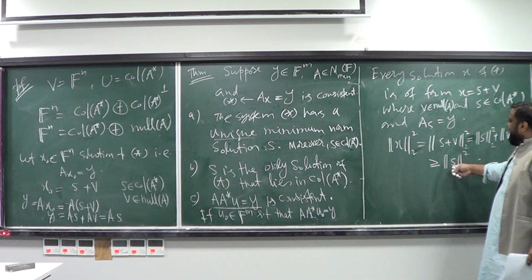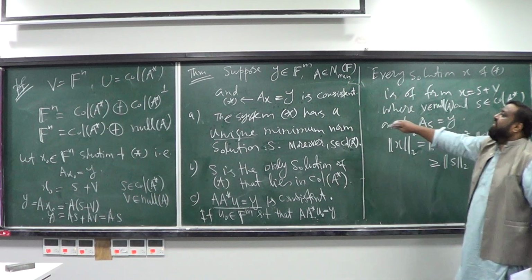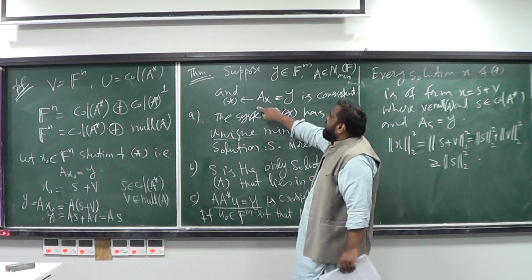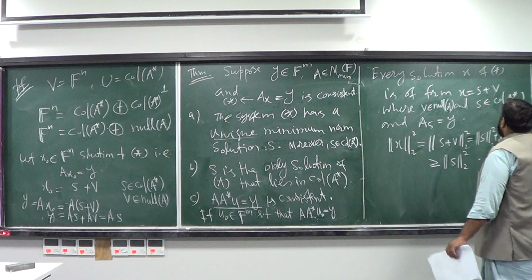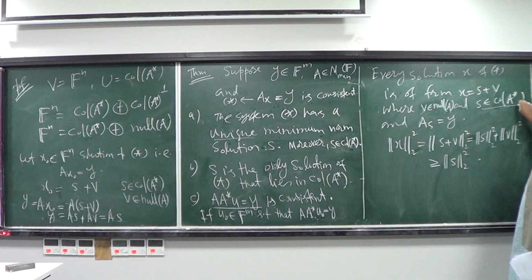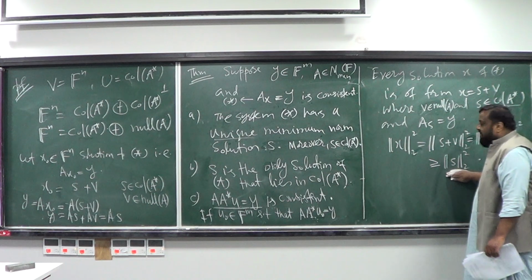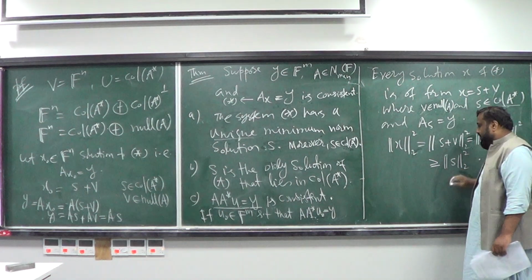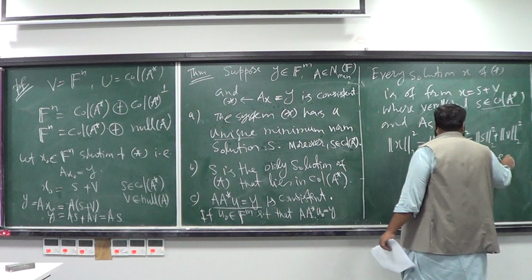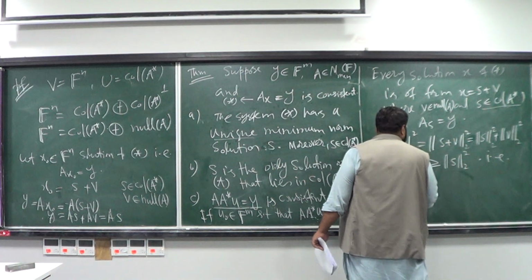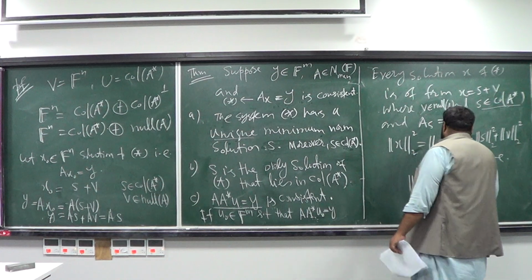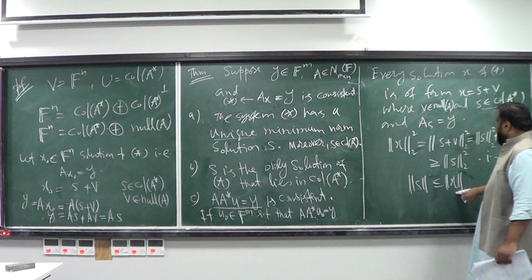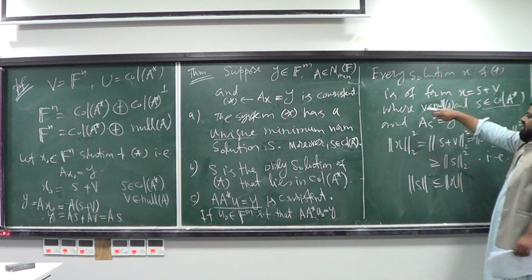That the solution of A x = y that lives in the column space of A star has norm less than or equal to the norm of x, that is, the norm of s is less than or equal to the norm of x, for all x that solve A x = y.